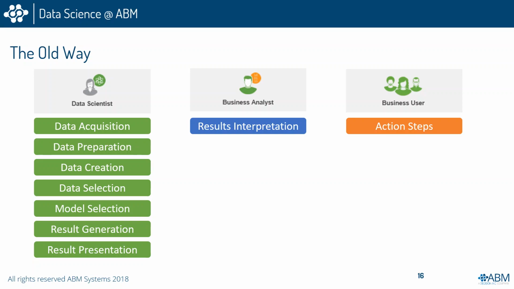Then the results interpretation was up to the business analyst. They might create reports on the back of that. They would ultimately be limited by what's provided to them either by IT, the data scientist teams, or what's been made available in terms of the analysis that they know how to do in terms of their skill set. And then at the end, you've got the action steps that business users take.